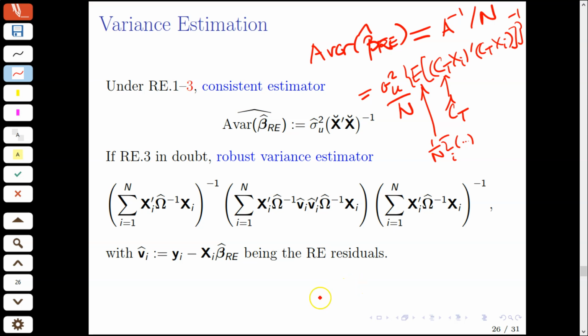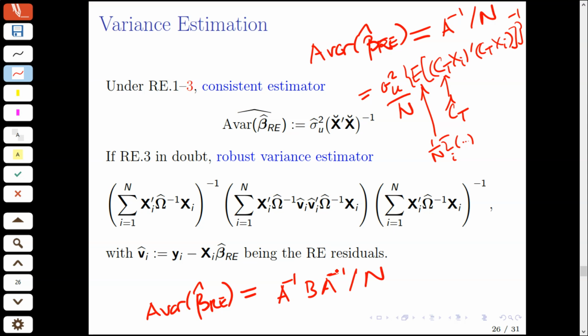It goes back to our initial asymptotic variance expression for the random effects estimator, which holds under the first two random effects assumptions alone, and replaces both A and B with consistent estimators and cancels out any redundant n's.